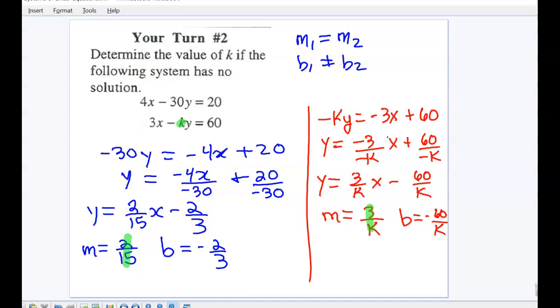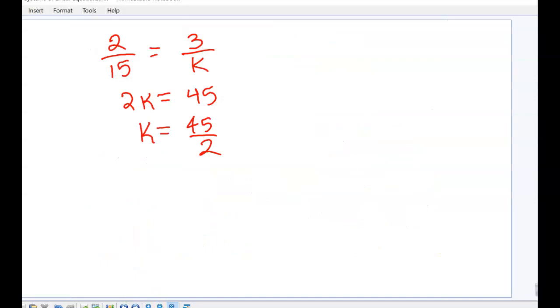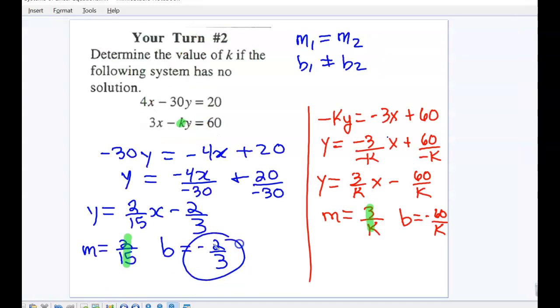So let's now verify that if k is 45 over 2, my y-intercepts will be different. So I know that the y-intercept of my first line was negative 2/3. We found that right here.